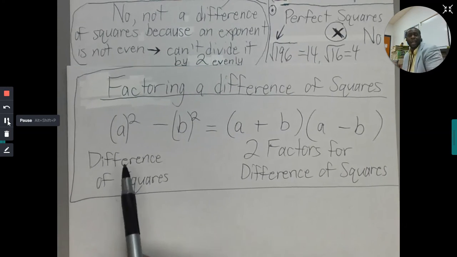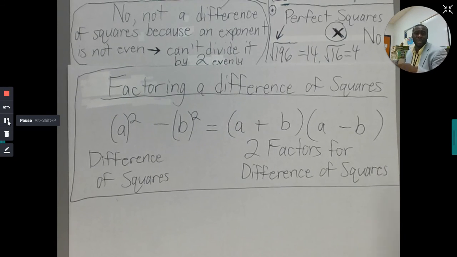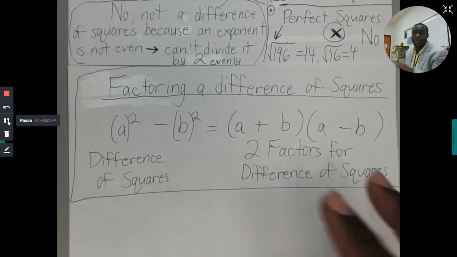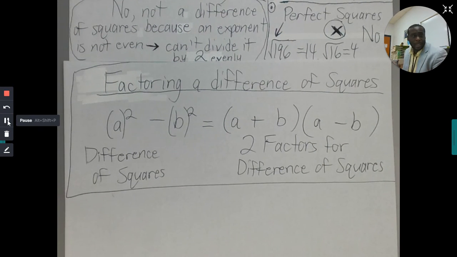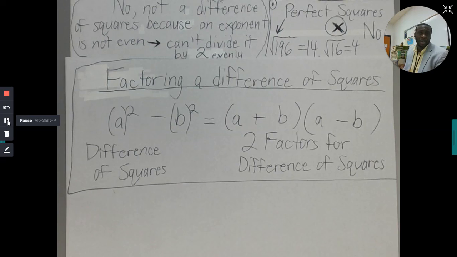And then here, again, I know this may not be helpful to you right now, but you will see exactly how to use this particular formula and how to actually factor difference of squares in part 2 of this lesson. Okay, so in the next video. All right, see you soon.